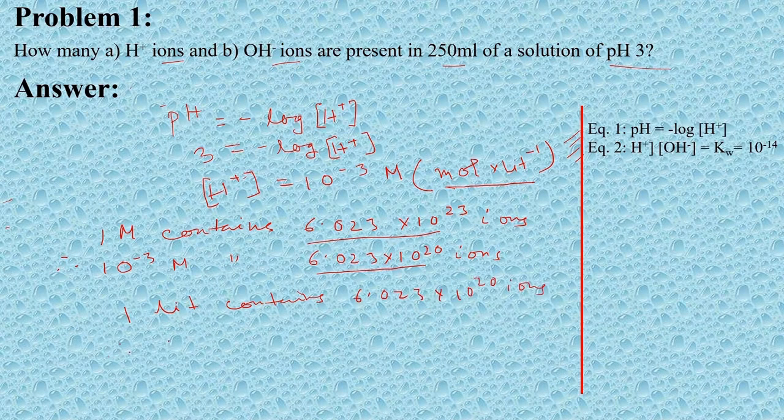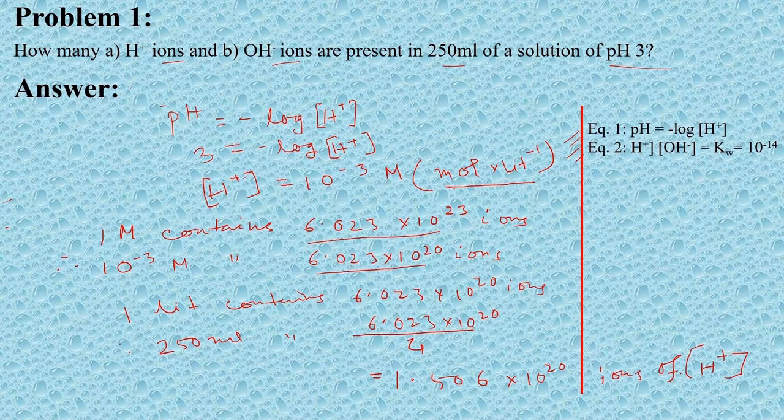Then 250 ml contains 6.023 into 10 to the power 20 by 4, as 250 is 1/4 of 1 liter. So the answer is 1.506 into 10 to the power 20 ions of H plus.